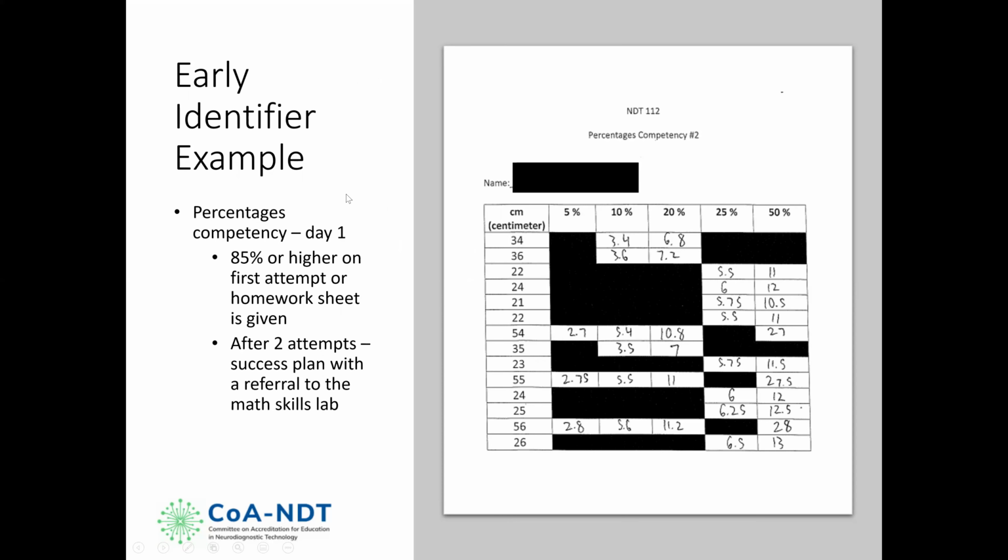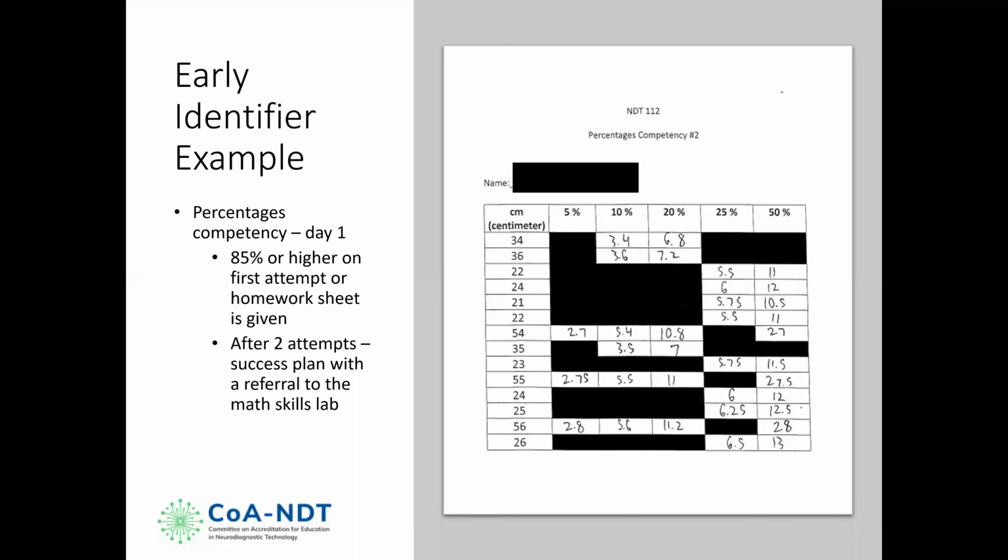One of our early identifiers from that sample before, about the student that ended up getting to clinical but then seemed to be struggling with measurements, was that we assumed everybody came in with some basic math skills. We have an admission policy, they meet with advisors, and we do have a minimum math requirement they have to meet.